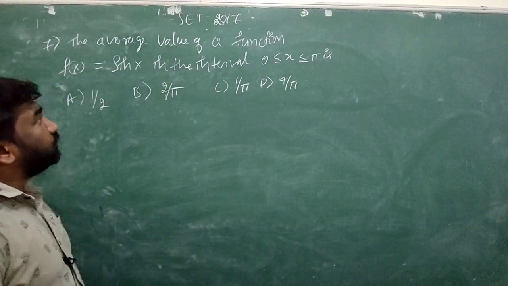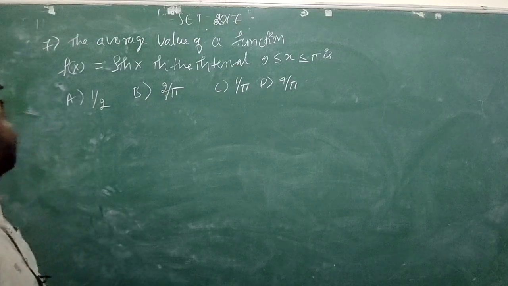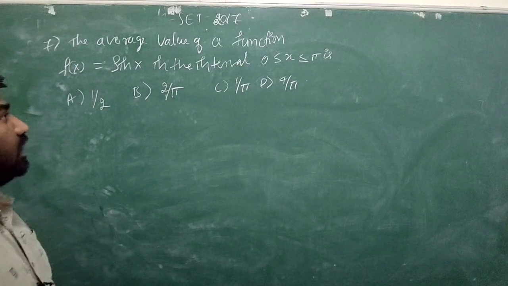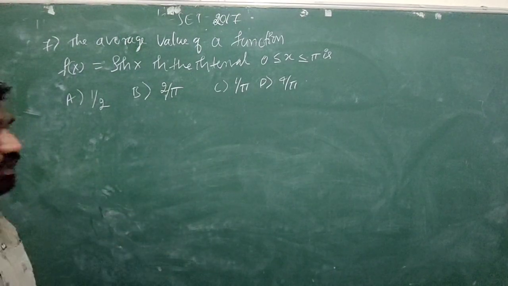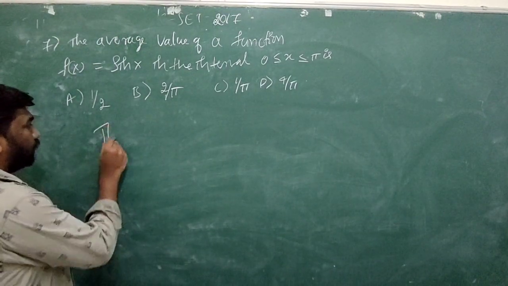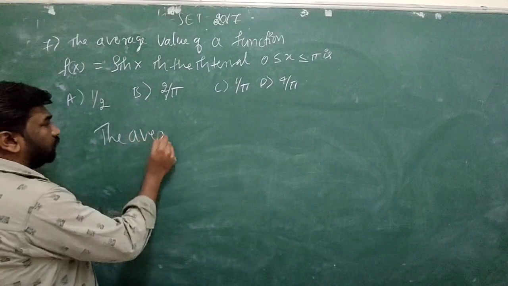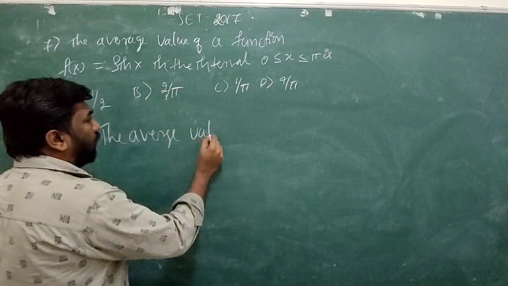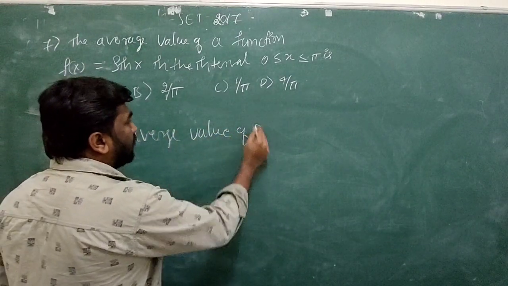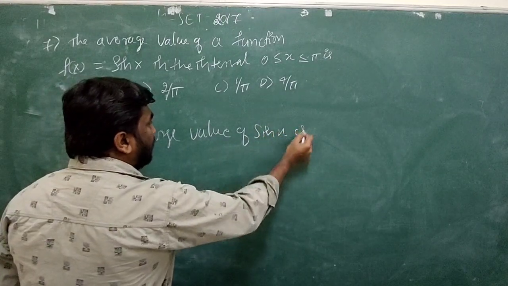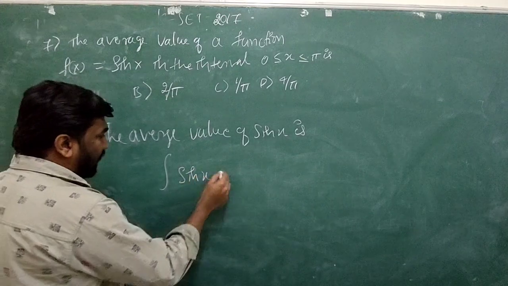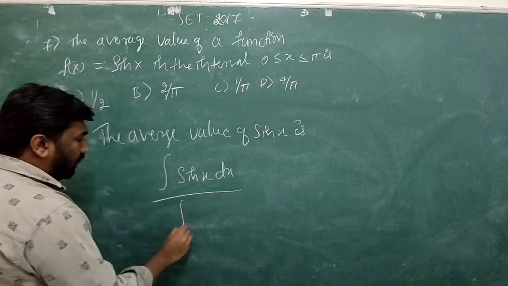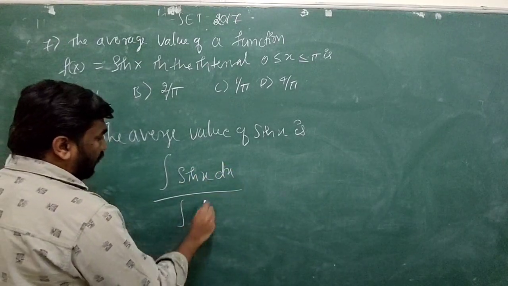So the average value of a function f of x is equal to sin x in the interval 0 to pi is, so these are the options given. The average value of sin x is integration of sin x dx divided by integration of dx.